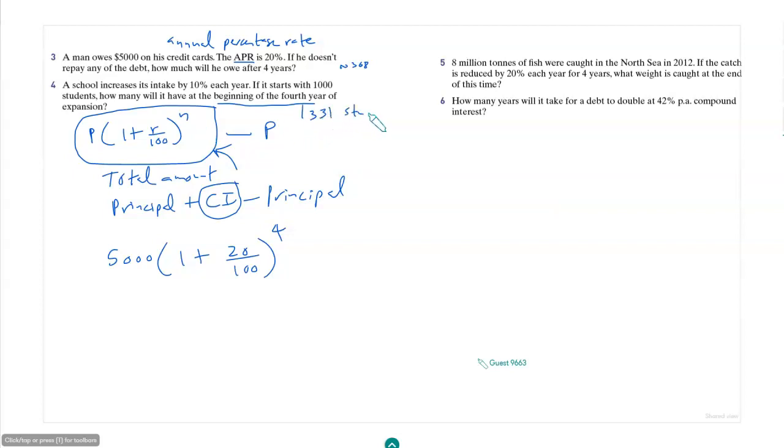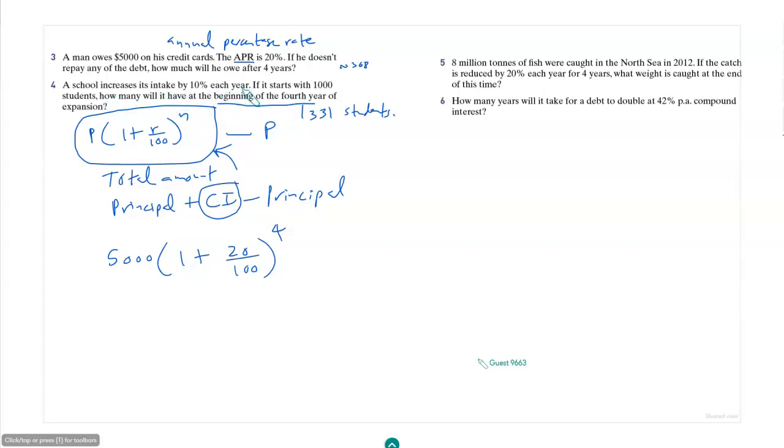1,331 students. So you see that here it's not about interest or money in the bank. It's about the number of students. So this idea of compound interest has other applications as well.